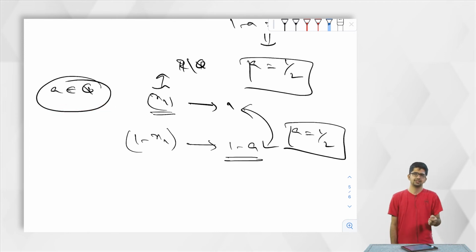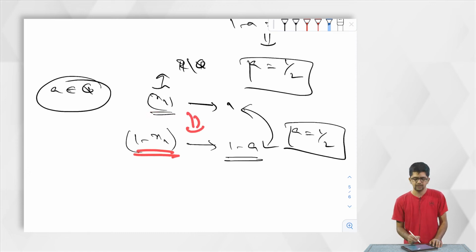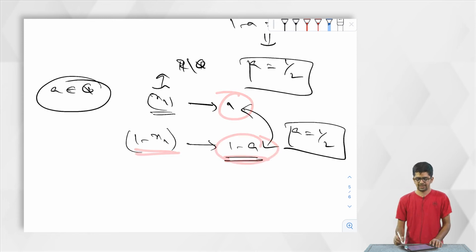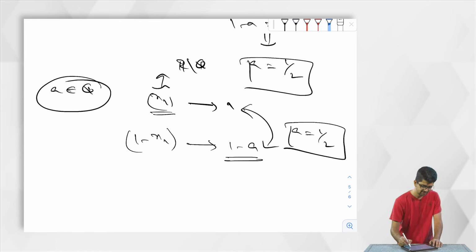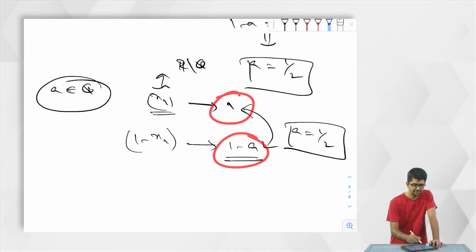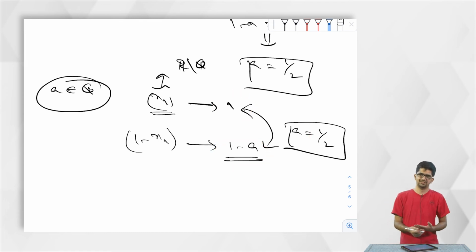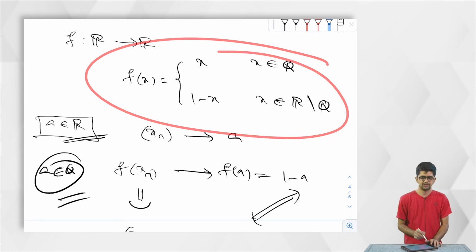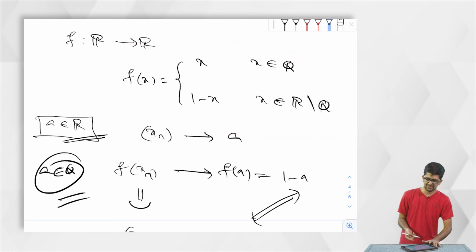One should take a sequence that consists of only irrational numbers. That's what we have taken here, and the corresponding image sequence is 1 minus x_n, and that converges to 1 minus a. But for 1 minus a to be equal to a, we want a to be equal to half. So if a is not equal to half, then these two are not the same. So that doesn't satisfy the notion of convergence of sequences related to continuous functions. So this function f is continuous only at one point, that is half.